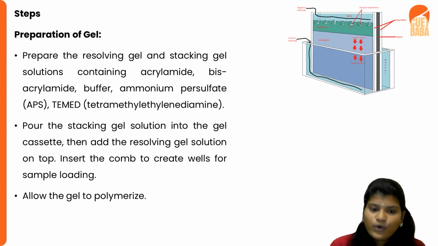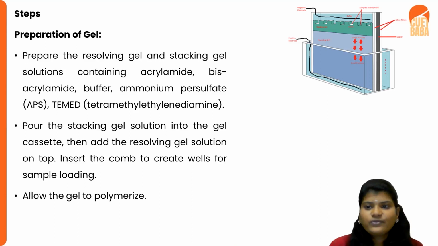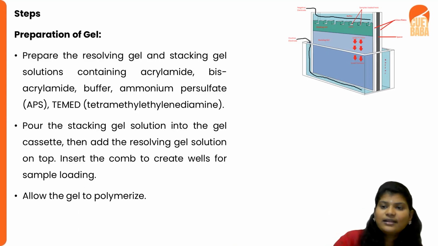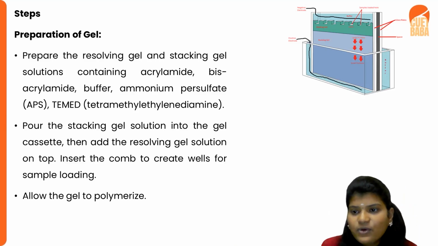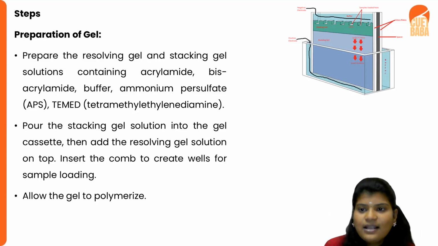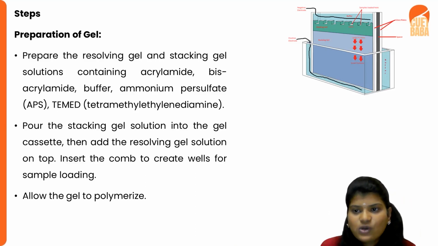After pouring the stacking gel, we should insert the comb in the gel for making the wells. In that well only, the sample is going to be run. You can see in the diagram, the below dark blue is the resolving gel and the above green color is the stacking gel, where the well formation is made by the comb.